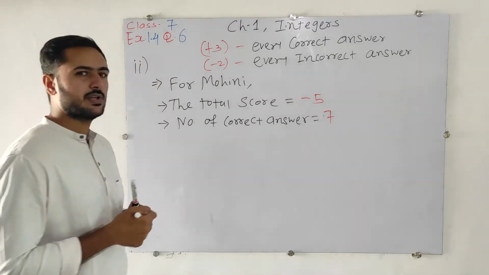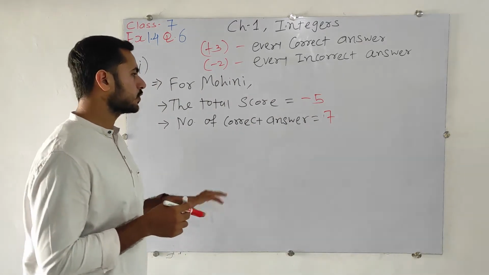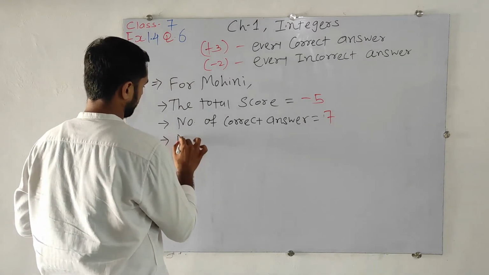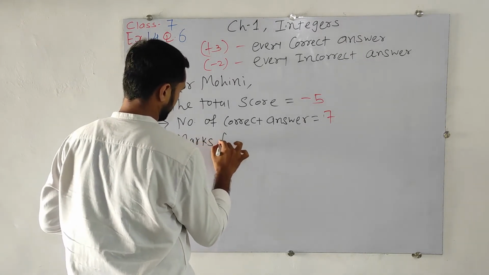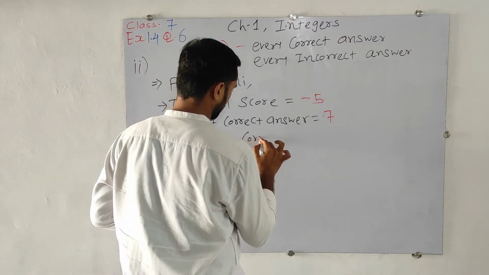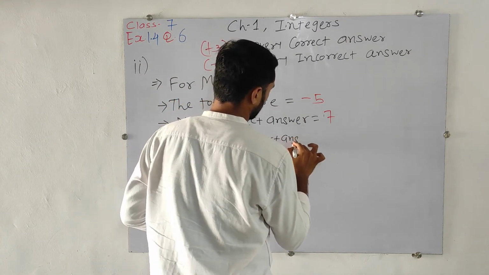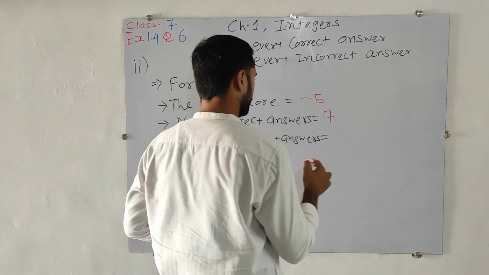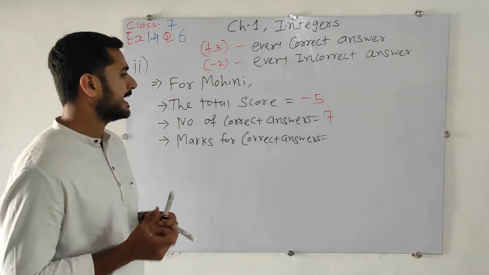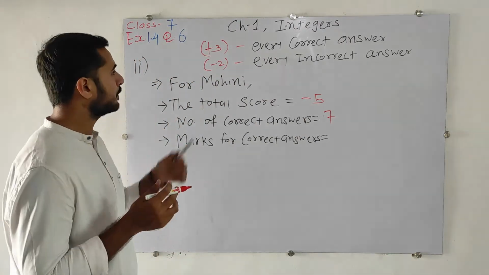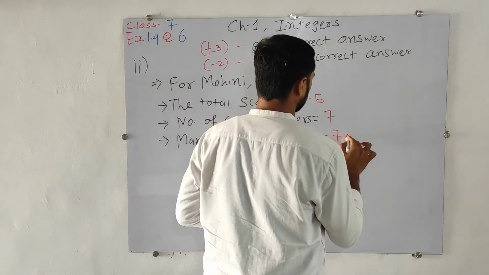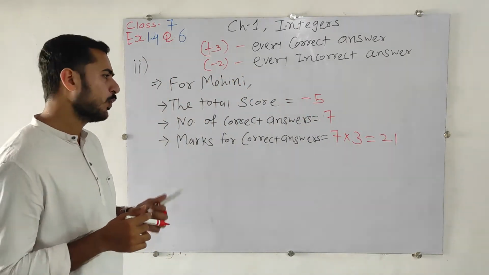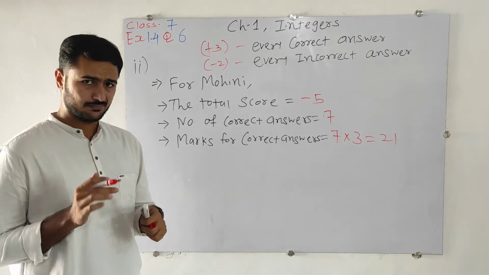Now, in the next step, we will find out the marks for the correct answer. For each and every correct answer, she will get plus 3 marks. So 7 multiplied by 3, that is 21. So she will get 21 marks for the correct answers.